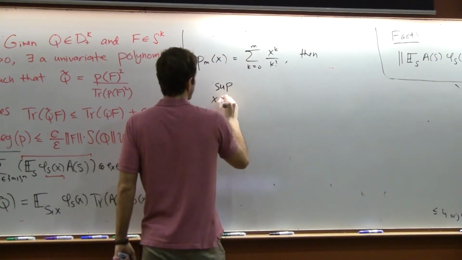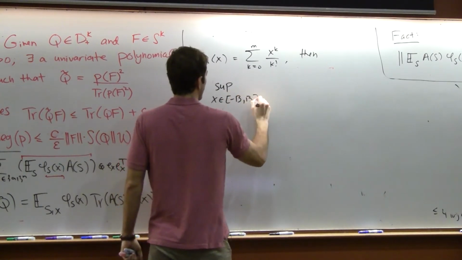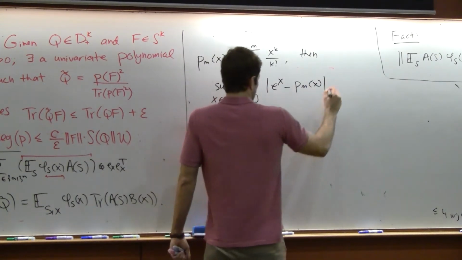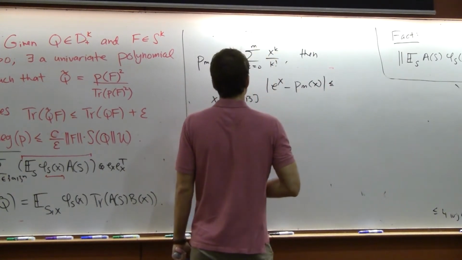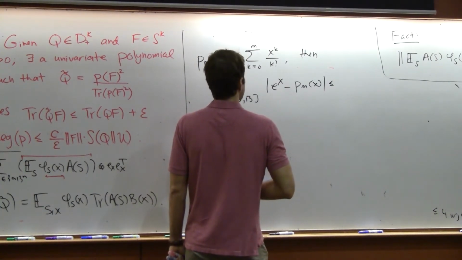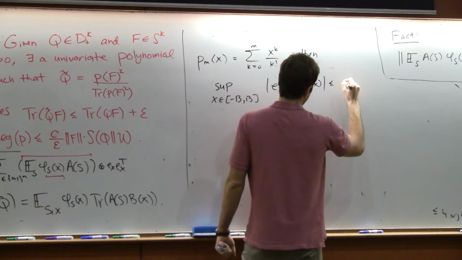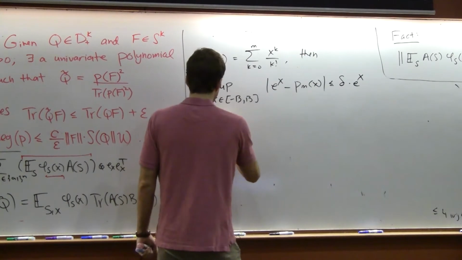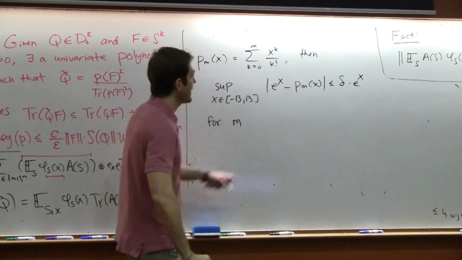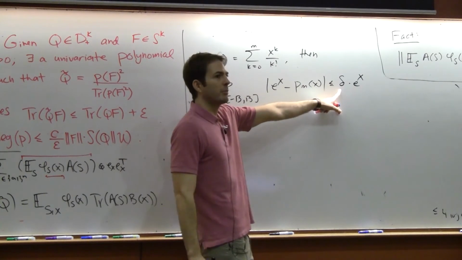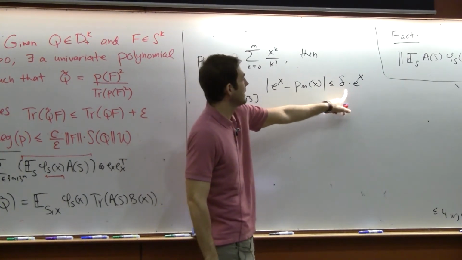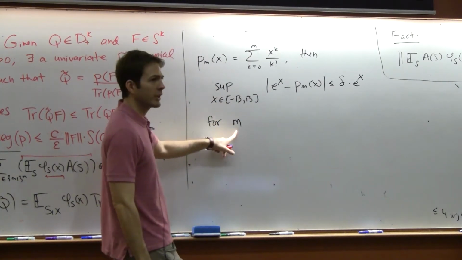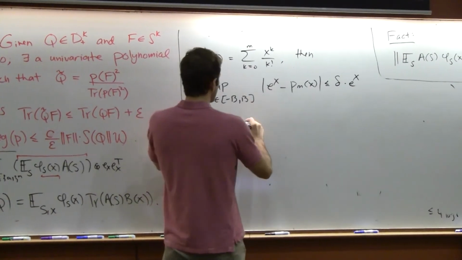If you look over all x's, say, between minus b and b, e to the x minus this is at most delta times e to the x, for m large enough. Basically I want a multiplicative delta approximation. I want my error to be delta times e to the x. I have a bound b on the value of x. The question is how large we choose the degree.